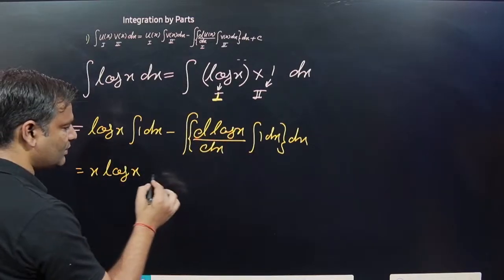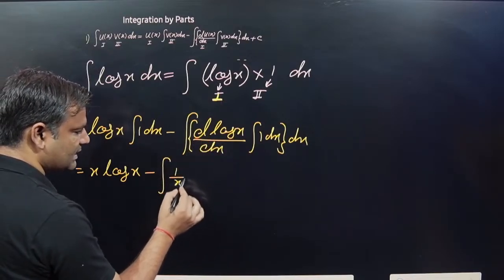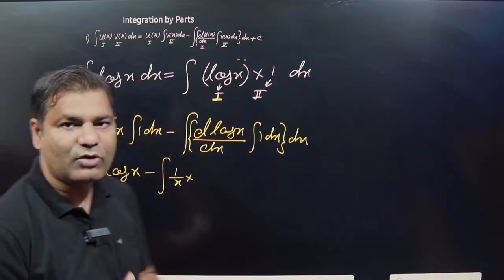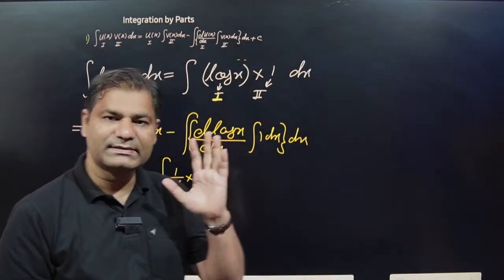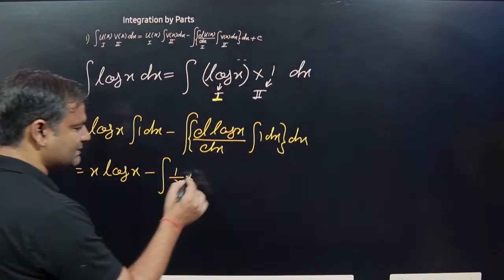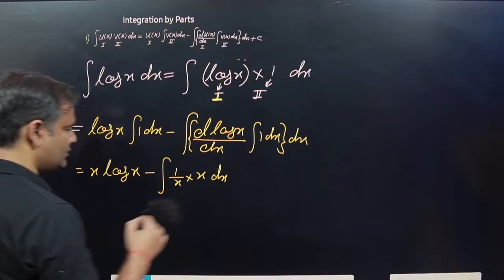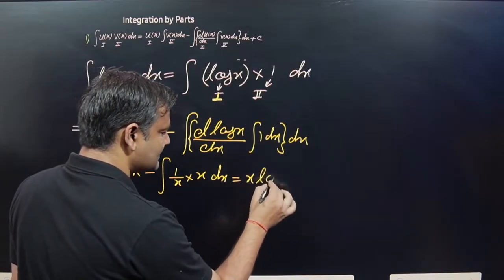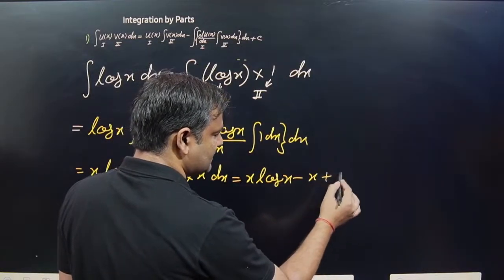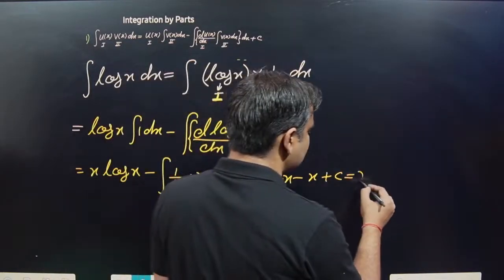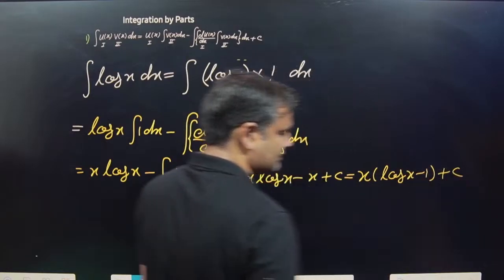The differentiation of log x is 1 by x, and the integration of 1 dx is x. So 1 by x into x dx, the x cancels, and we get 1. So x log x minus the integration of 1, simply x, plus c. So finally, the final answer is x into log of x minus 1 plus c.